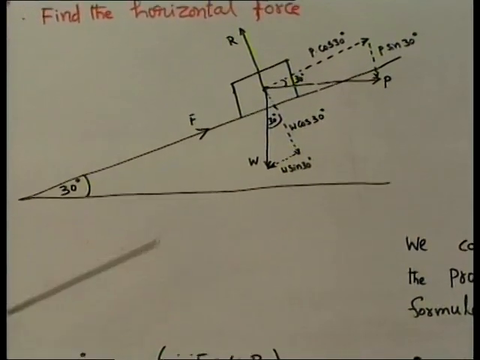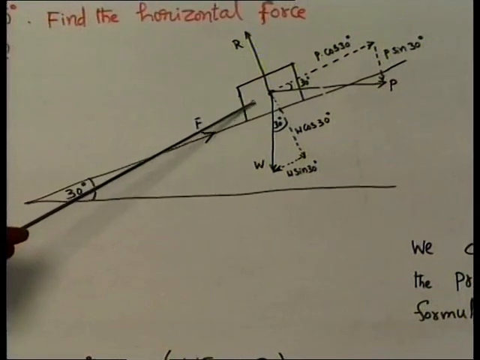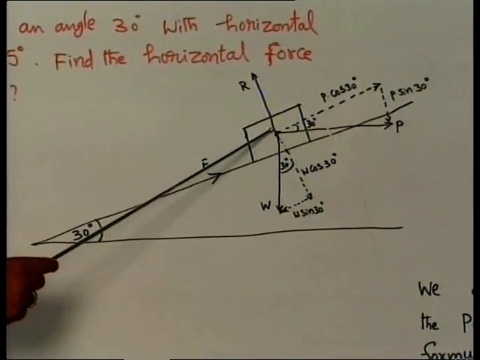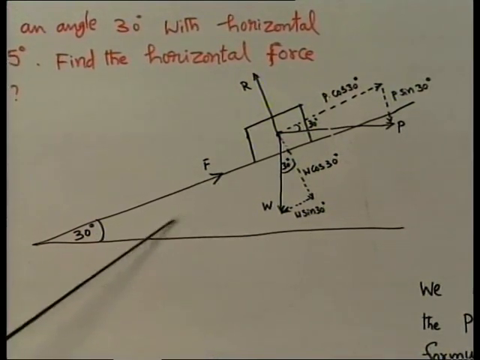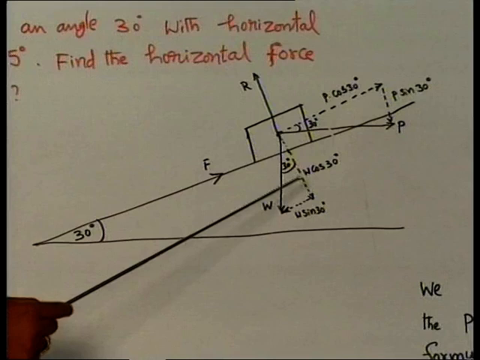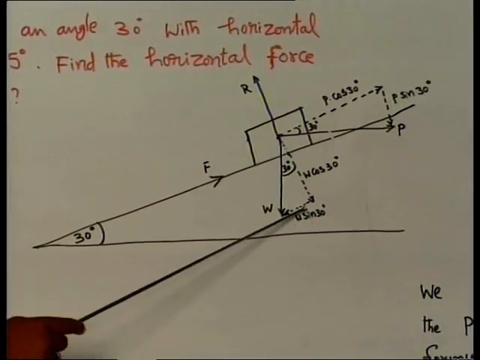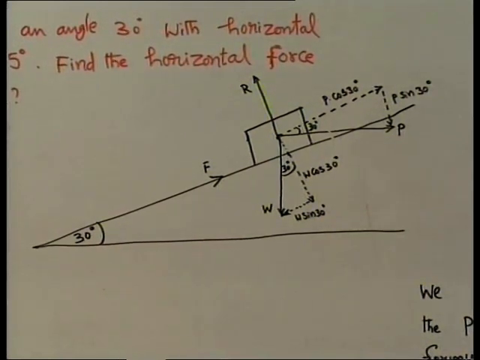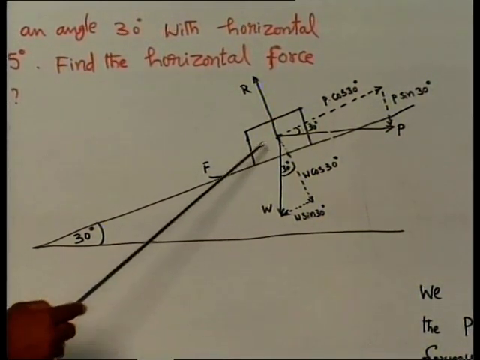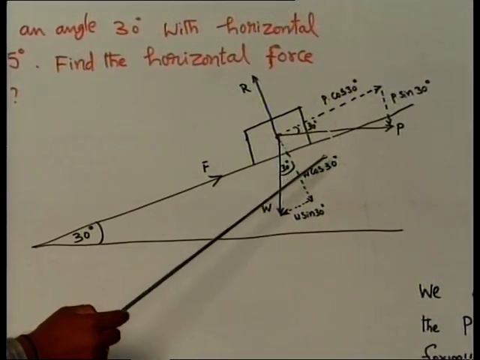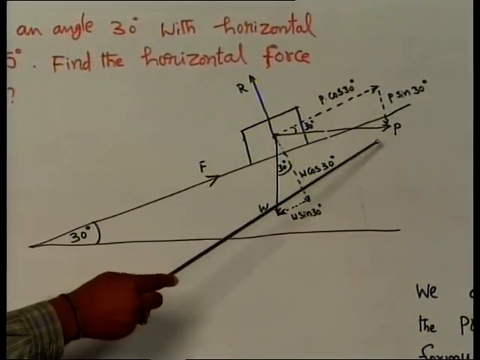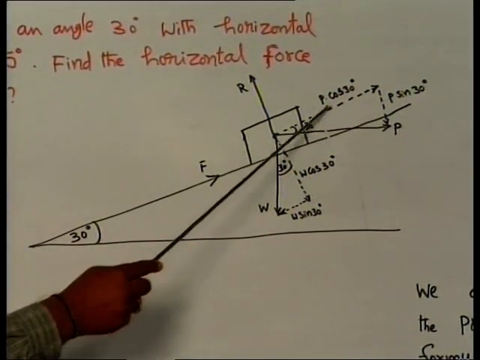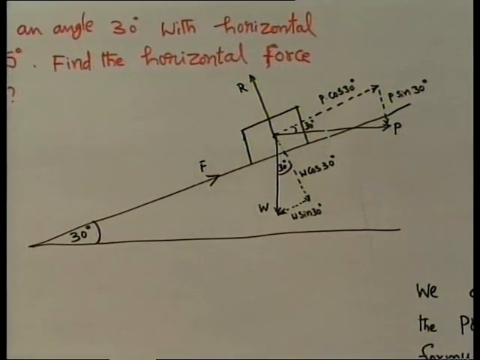Now the various forces acting on the body are the normal reaction R, and the weight of the body, which is perpendicular to the ground and has two components, one is W cos 30, the other is W sin 30. Weight of the body is 735 Newton, and a horizontal force P, which is at 30 degree with the horizontal, this is the horizontal line, the angle is 30 degree.